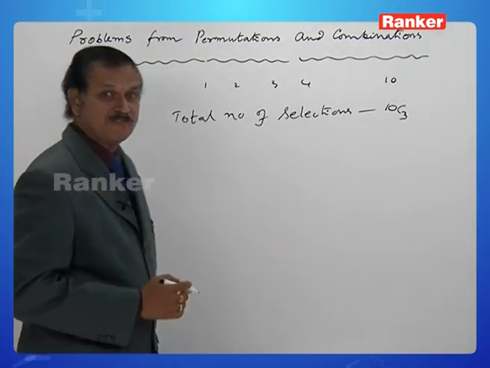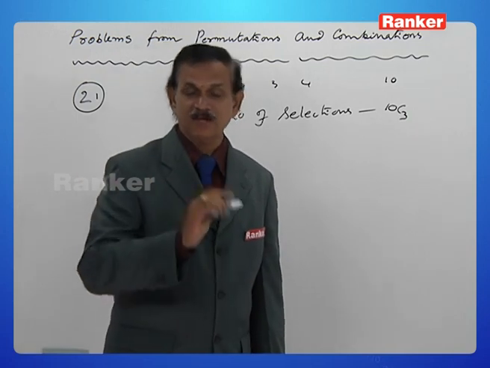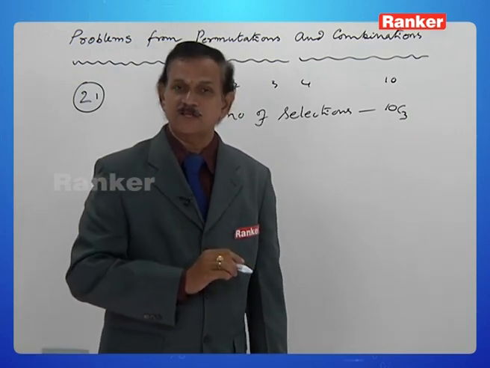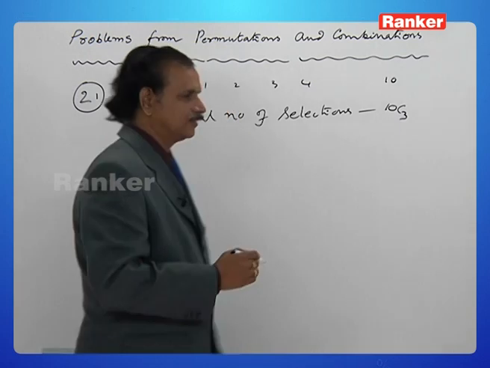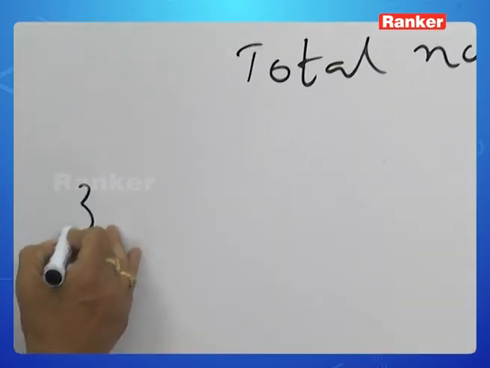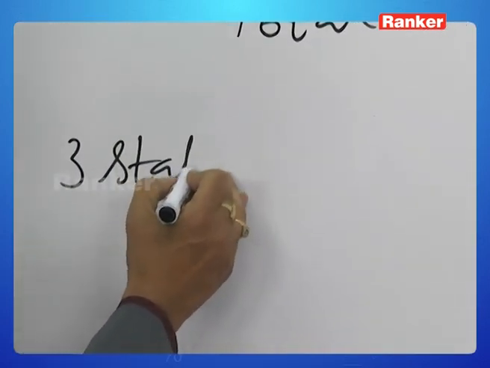What are those invalid selections? Number 1, selection of 3 consecutive stations, where 3 stations are adjacent.